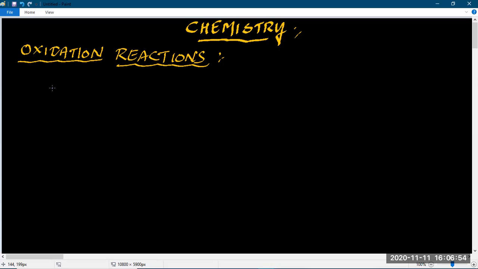Oxidation is a process in which addition of oxygen takes place, or removal of hydrogen takes place.